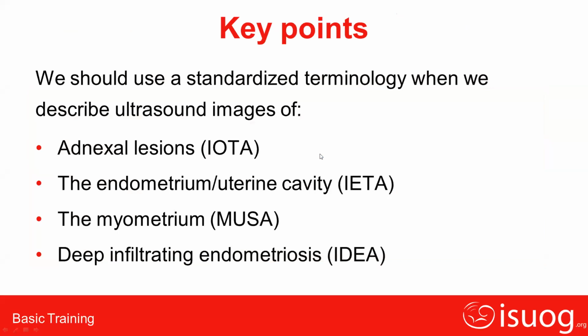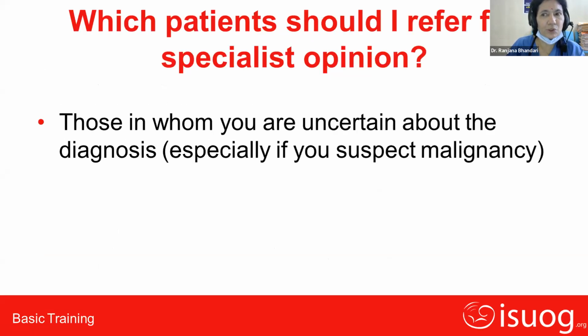So my key points are, we should use the standardized terminology of IETA whenever we describe any ultrasound images of the endocavitary region or endometrium. The IETA terminology is very, very important. It should be taken into consideration. Which patient should I refer?